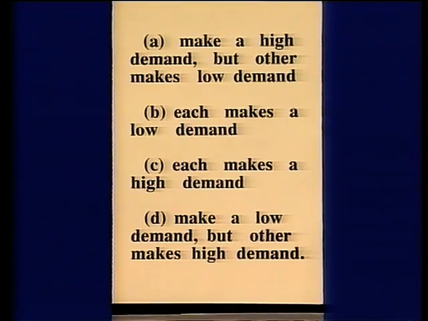However, more likely is that in order to avoid option D, the 2 players will each put in a high demand and they'll end up with nothing. Spite has triumphed over cooperation.